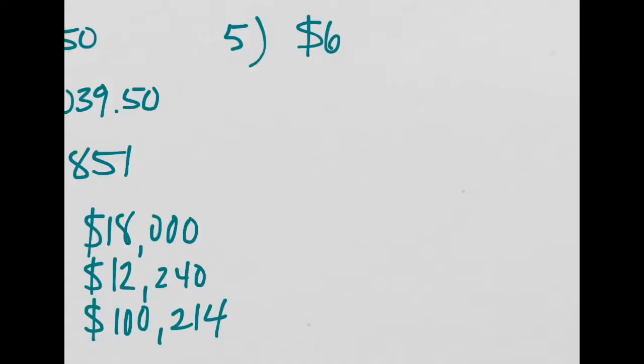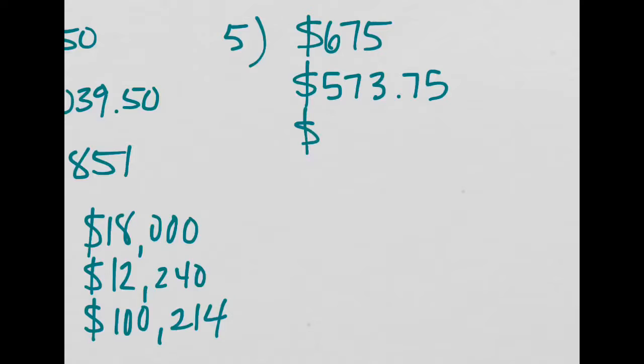Alrighty, number 5. Same order again. You should have $675. Again, this number is smaller. You should have $573.75, and then your expected real return, this number, if you're checking, should always be larger than your principal, should be $7,617.